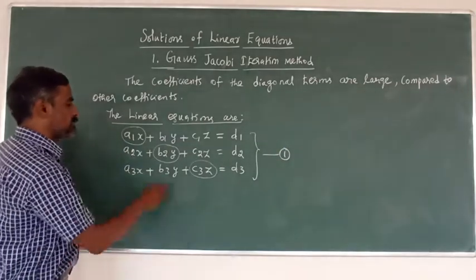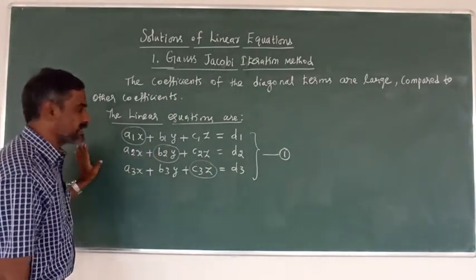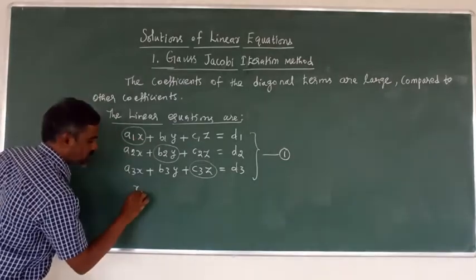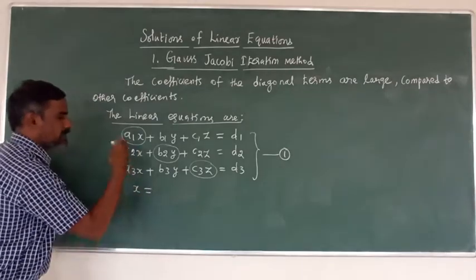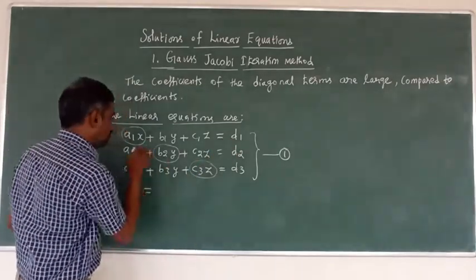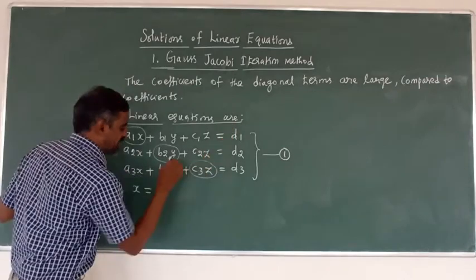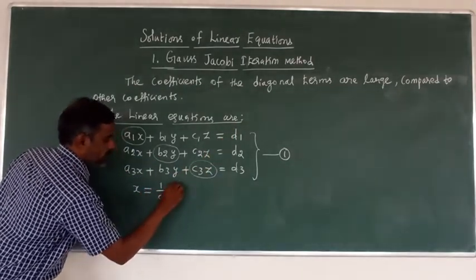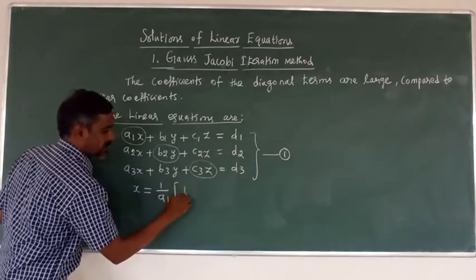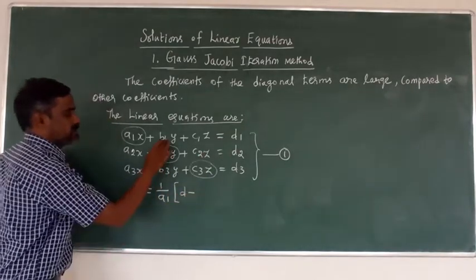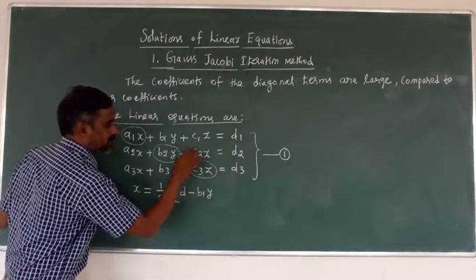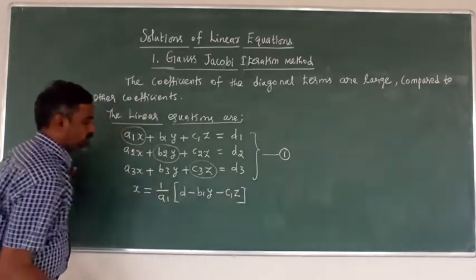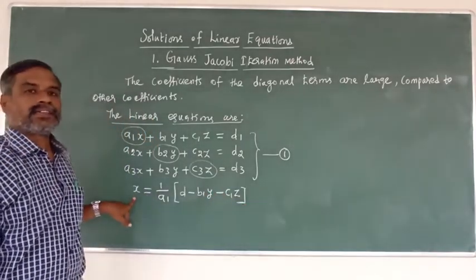Okay, after rearranging, first the x value: x equals 1 divided by a1, within bracket d1 minus b1 y minus c1 z. This is the format to find out the x value.